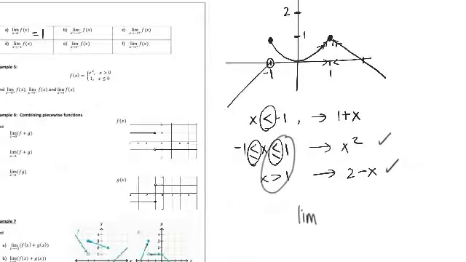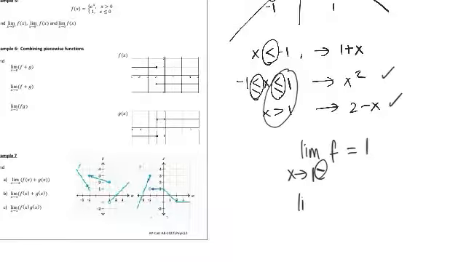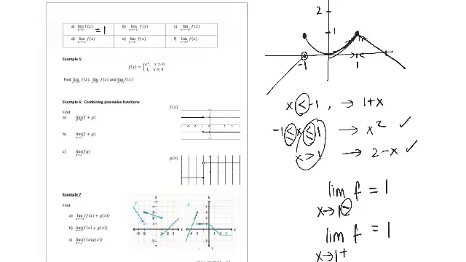The limit of f as x approaches 1 from the left, you would use the parabola equation, and you would put in 1. Don't have to worry about the minus sign there. Just put the number 1 into the parabola equation, you get 1. And then if you put in x approaching 1 from the plus side, then you have this 2 minus x equation, and you put 2 minus 1 and you get 1, right? So you could do it that way as well, algebraically, and both ways, graphically or algebraically, the answer is 1.